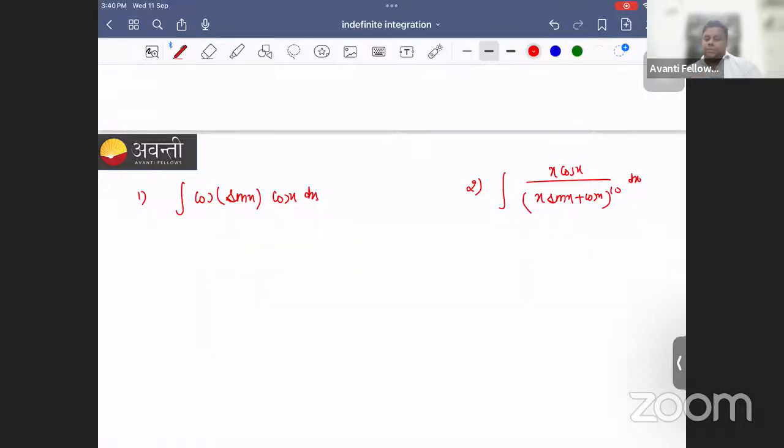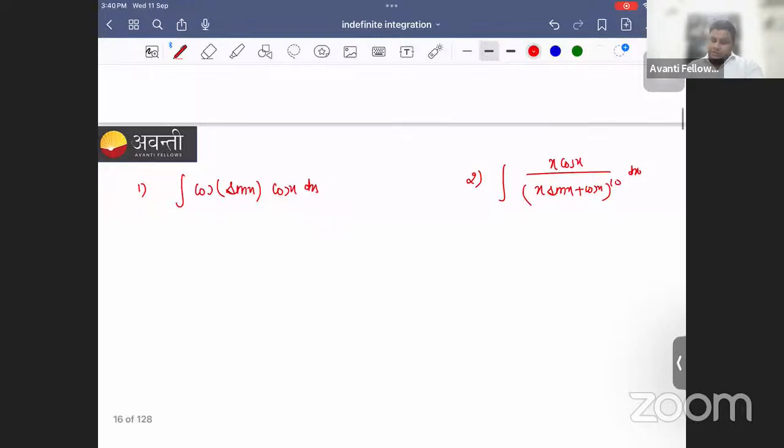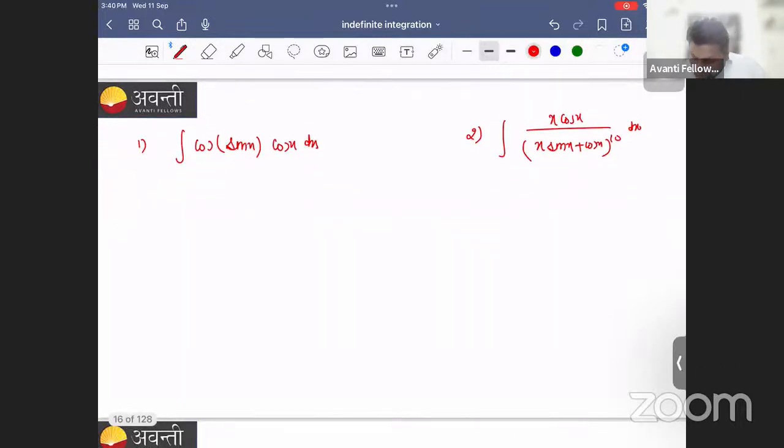See, this first one is, take sin x as t. Because you see, if it is t, this is its derivative. Got it?